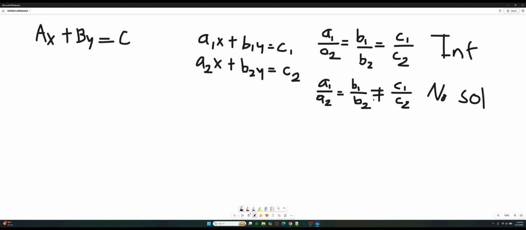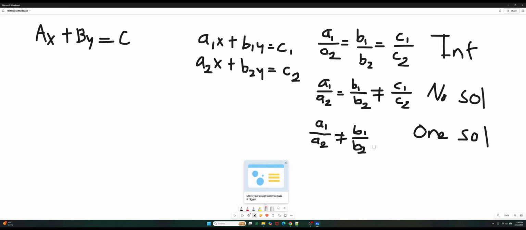So this means it has no solutions. If the ratio of A does not equal the ratio of B, then that means the system has one solution, and we don't have to check the ratio of C if we already know that the ratio of A and B are not equal.